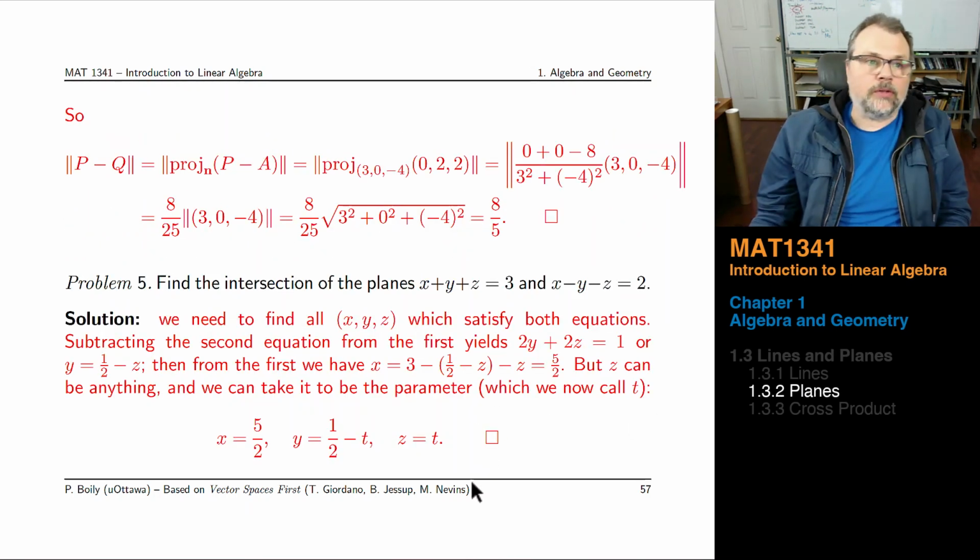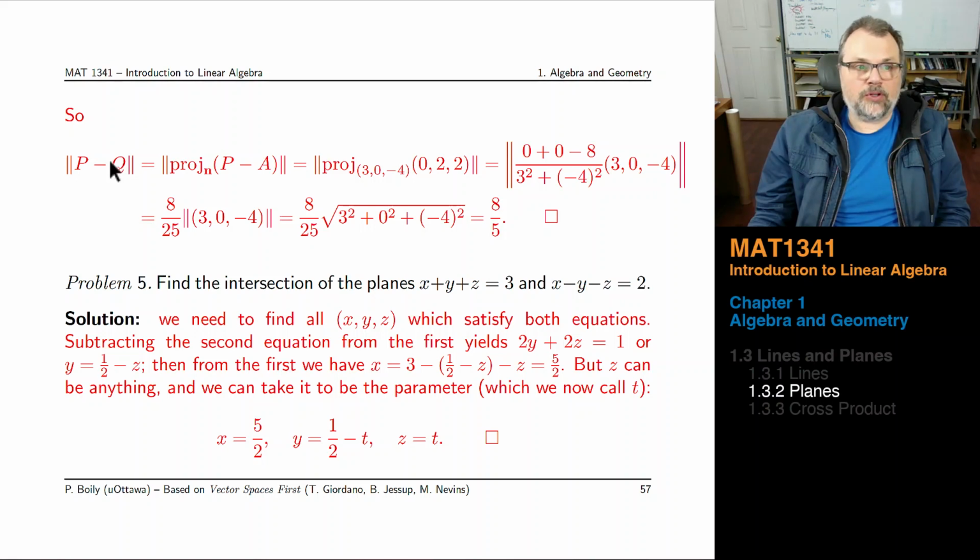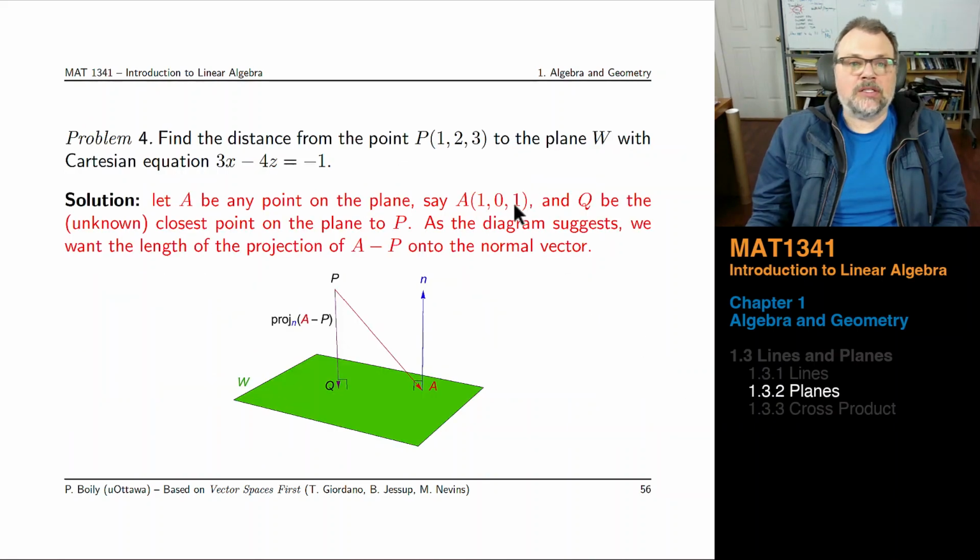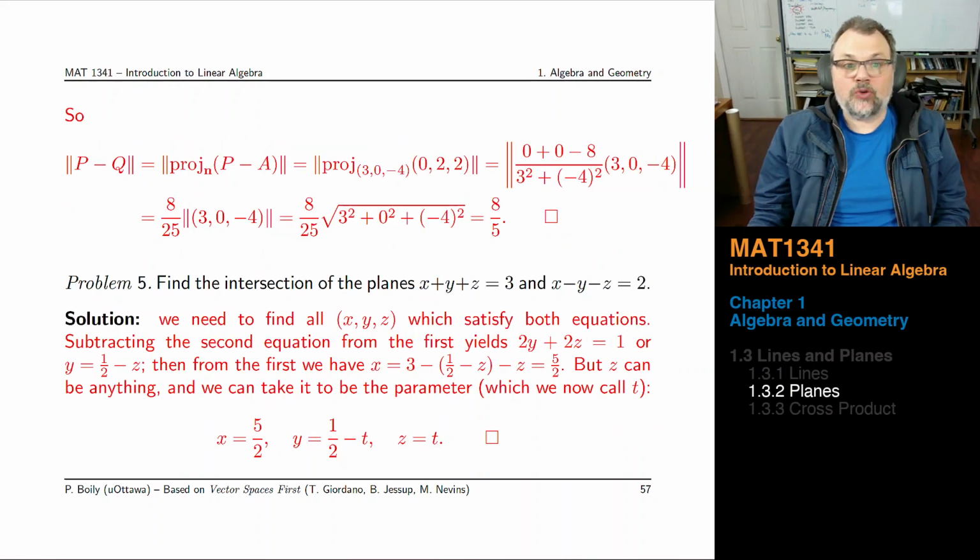So you compute it. What's the length of the projection? It's the norm of the projection of the vector P minus A along N. P minus A, you can compute it, right? P is the vector 1, 2, 3. A is the vector 1, 0, 1. If you subtract 1, 0, 1 from 1, 2, 3, you will get 0, 2, 2.